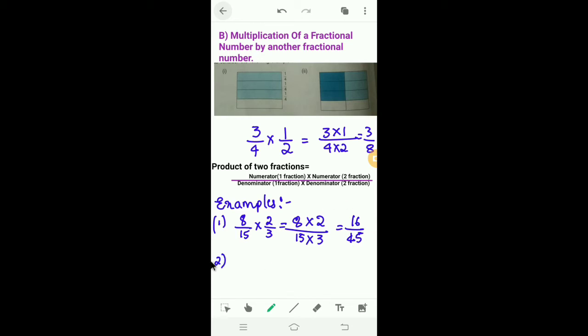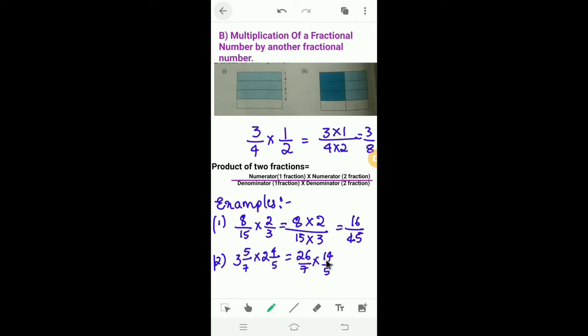Let's solve one more example. 3 and 5 by 7 into 2 and 4 by 5. First we have to convert mixed numbers into improper fractions. 7 3s are 21, 21 plus 5, 26, 26 by 7 into 2 into 5, 10, 10 plus 4 is 14, 14 by 5.